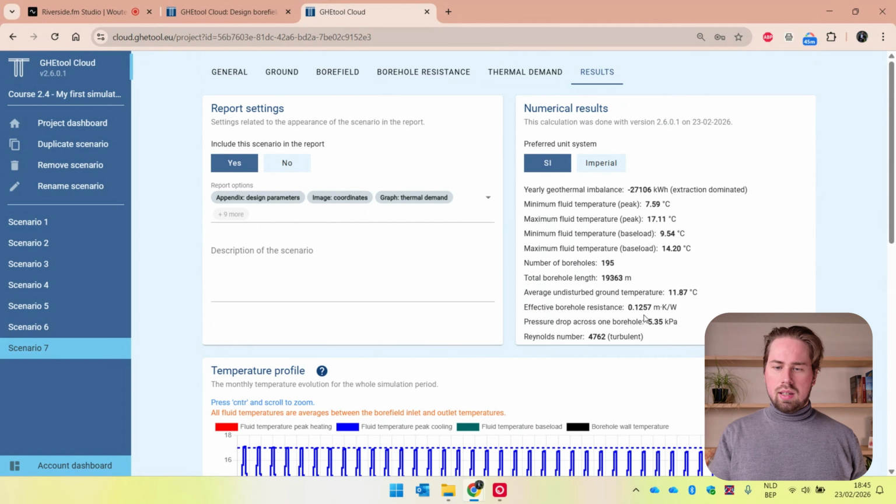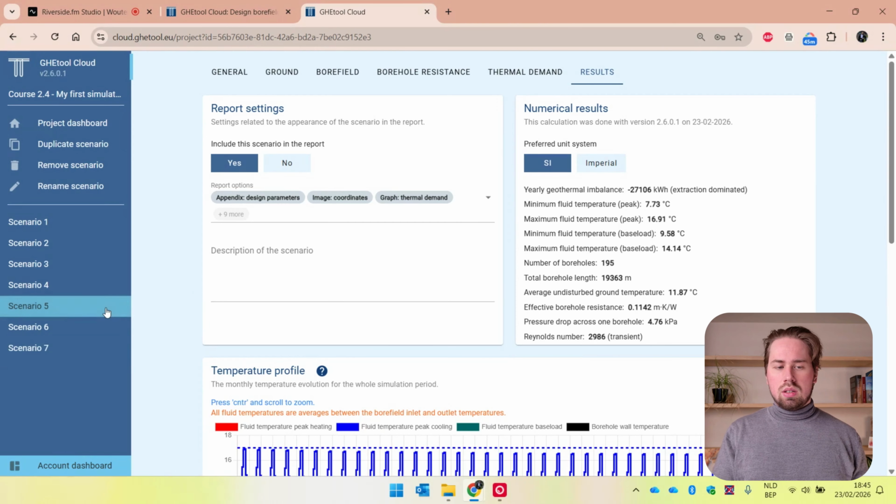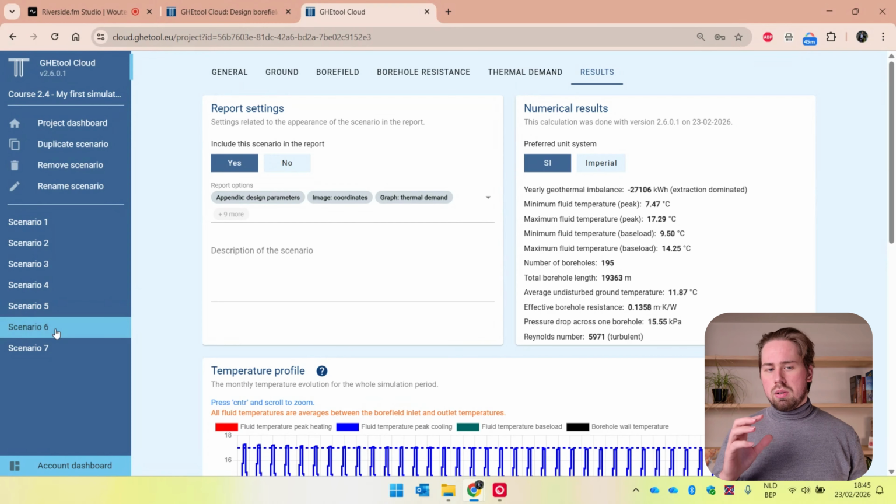So here we can see indeed a slightly smaller resistance and a temperature really close to our threshold of 17 degrees. So scenario 5 was with a W, 16.9 degrees Celsius, below our threshold. Actually, we could potentially decrease the number of boreholes here somewhat further. We have scenario 6, where we move to a single U. Here the temperatures are higher because the borehole resistance is a little bit bigger.